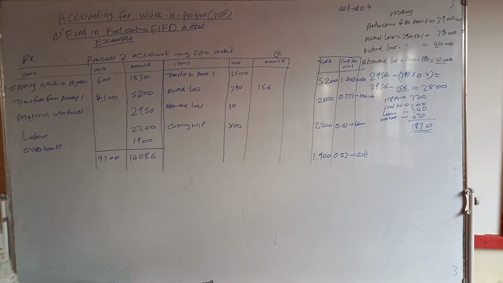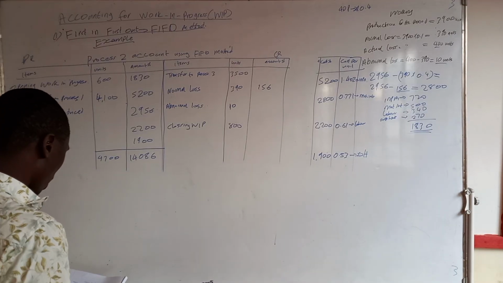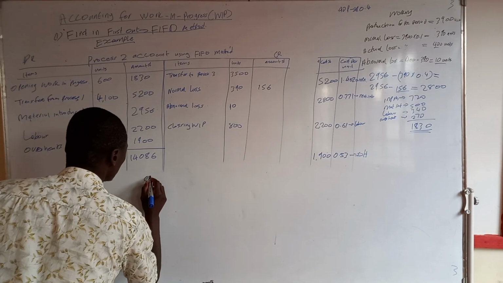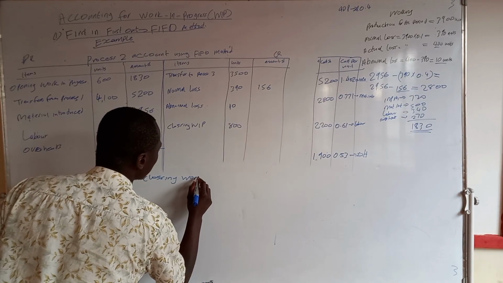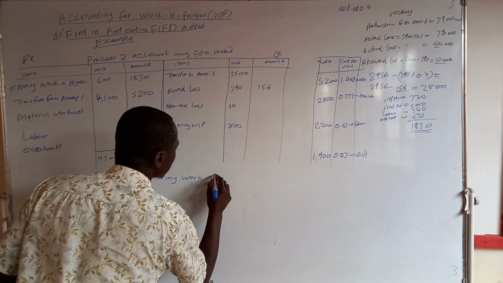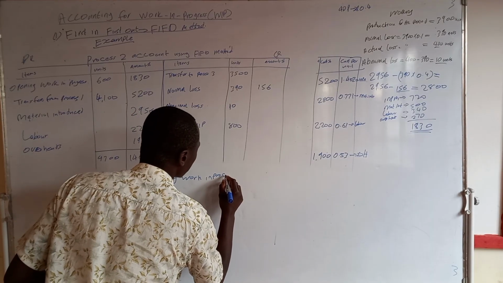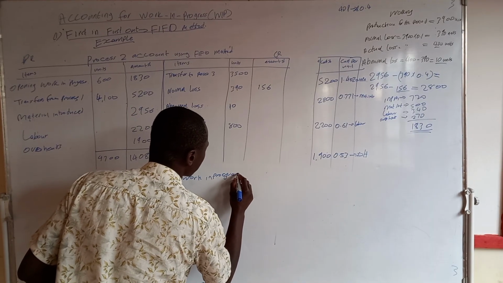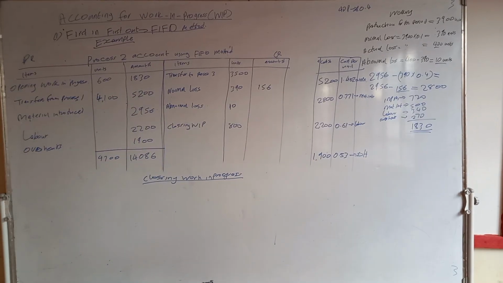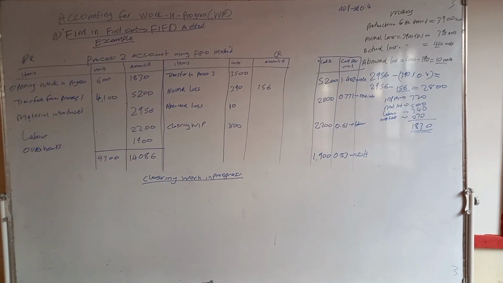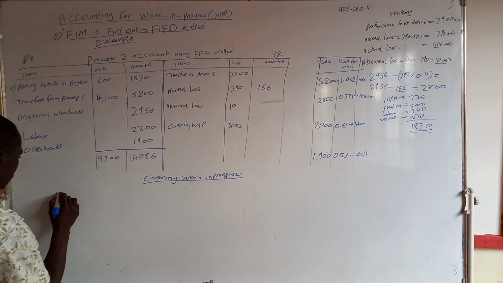Now let's start with closing work in progress. Let us find out the value. We have the input material.